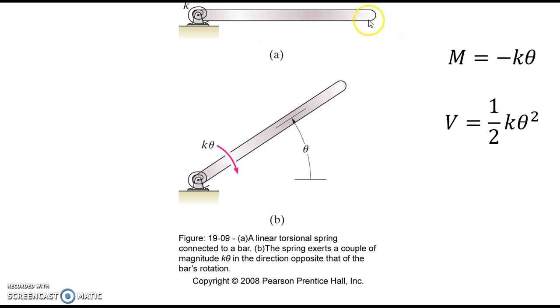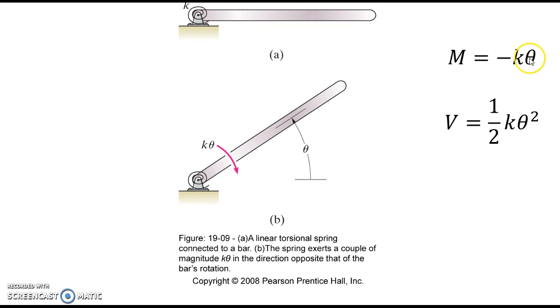We have a similar term for torsional springs. For a torsional spring, the moment is minus K, the torsional spring constant, times theta, the angular displacement.